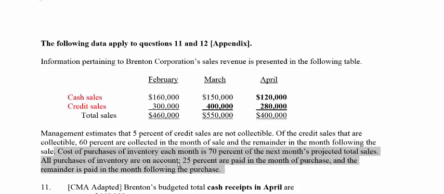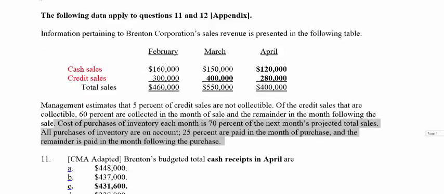25% of that is paid in the month of purchase, and the remainder is paid in the month following the purchase. So don't you guys think we're going to need some additional information left over from March's purchases, etc., in order to calculate that?